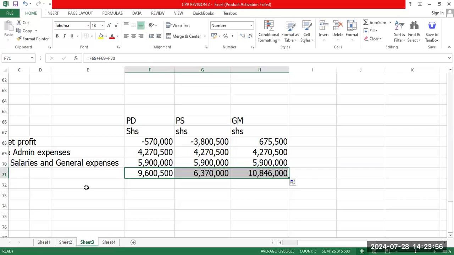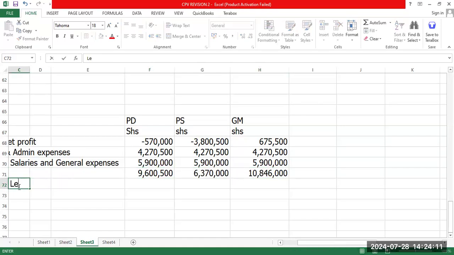Okay, so we know that to get the actual net profit, these items must be applied. You have to raise now.